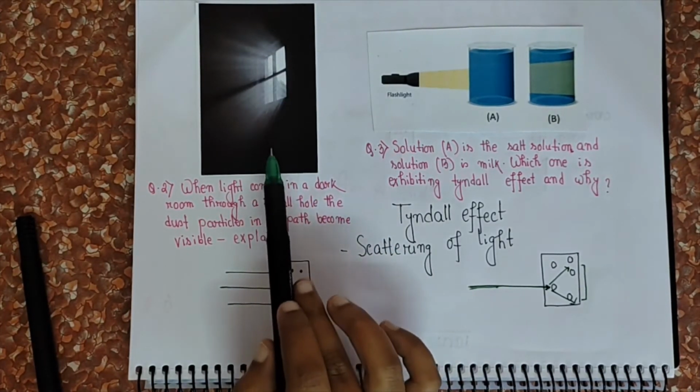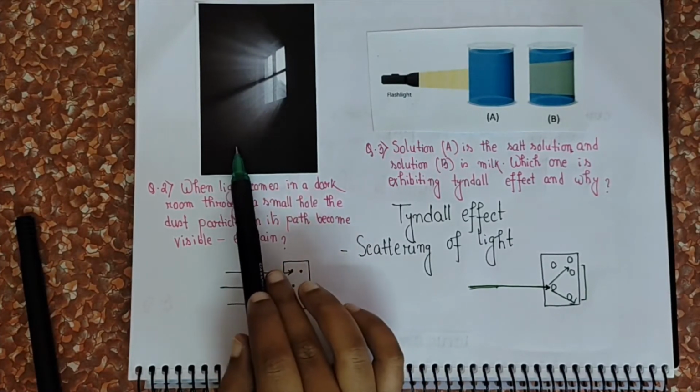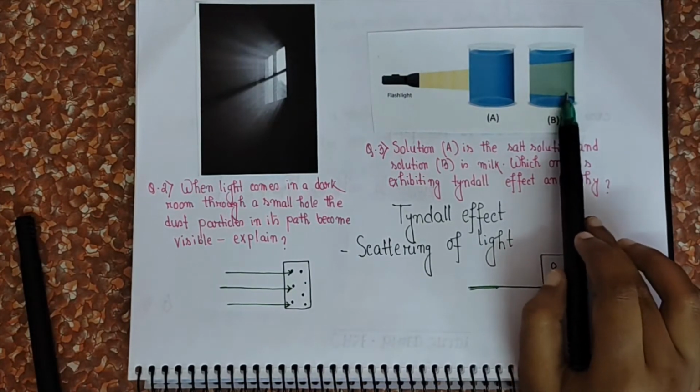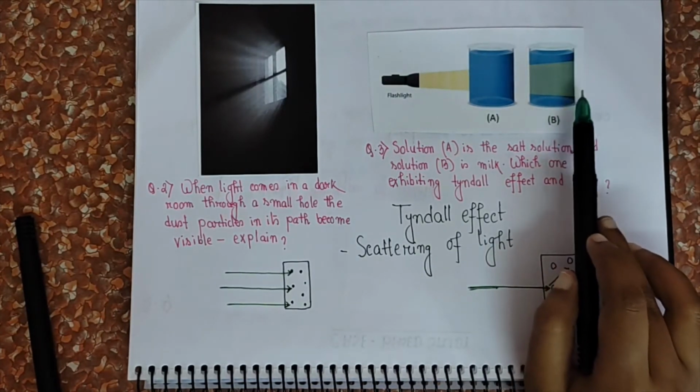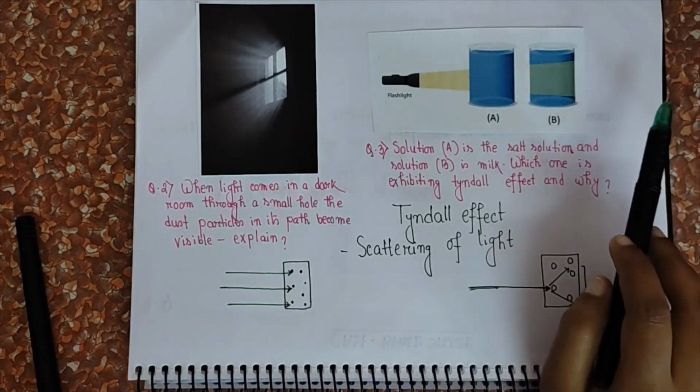So the dust particles will actually act as the colloidal particles. And here the solution B is milk, and you know that in milk some insoluble fats are present which act as the colloidal particles.